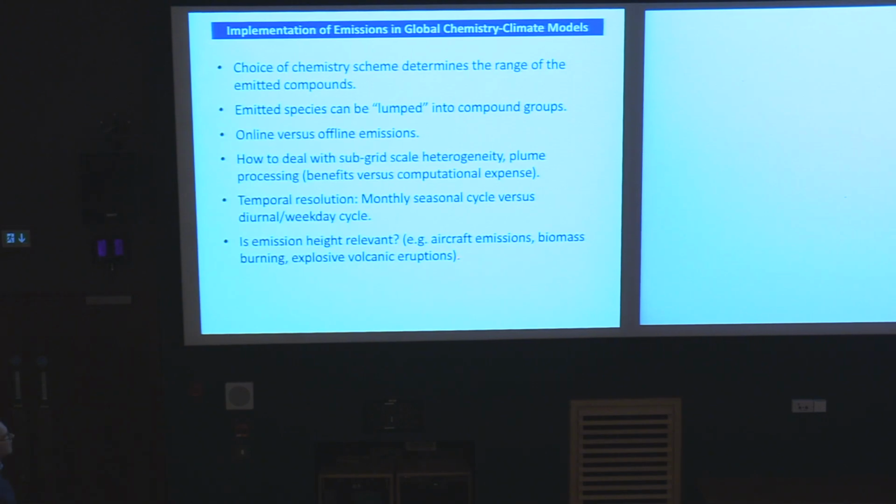Is this sufficient? It's obvious for some source sectors, like aircraft emissions or lightning emissions, that they have a three-dimensional distribution. But you might want to think about whether other emissions also should be placed over an altitude range.